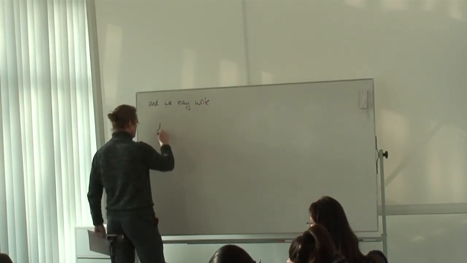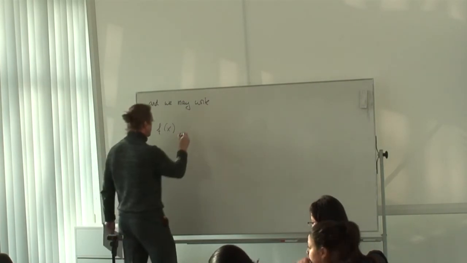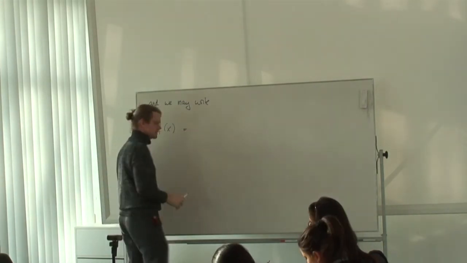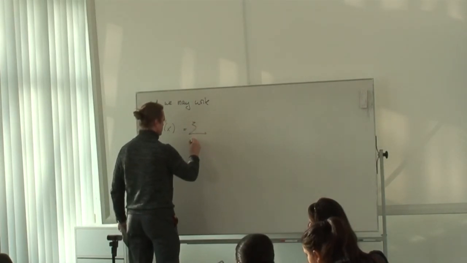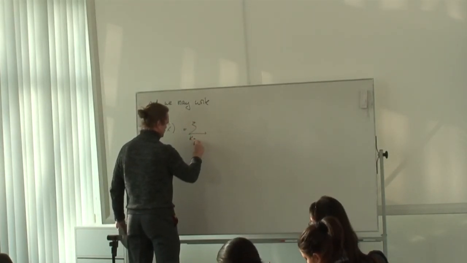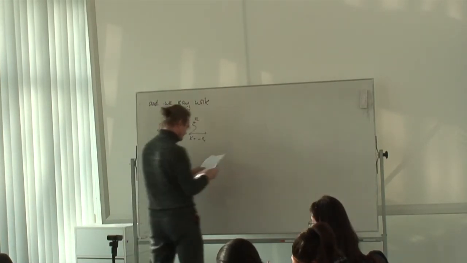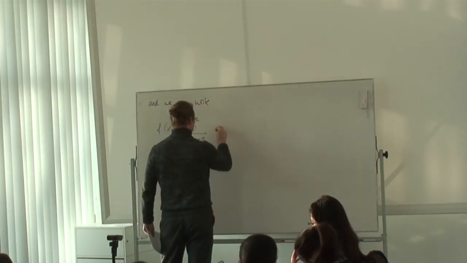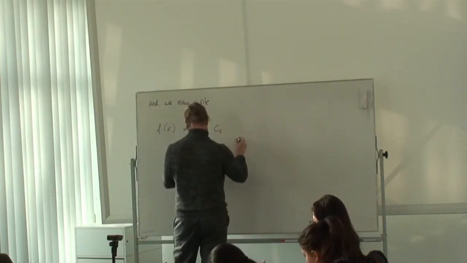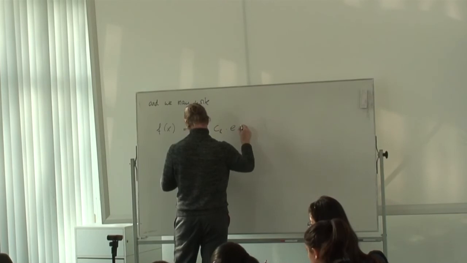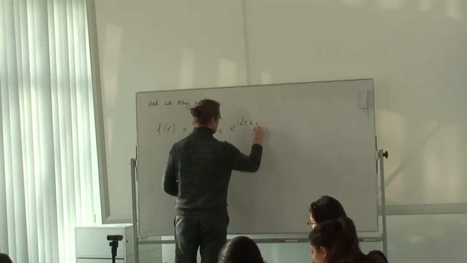that this function f of x we are interested in can be expressed as, brace yourself, a sum where k ranges from minus n to n over a set of coefficients c_k times e to the i 2 pi kx.